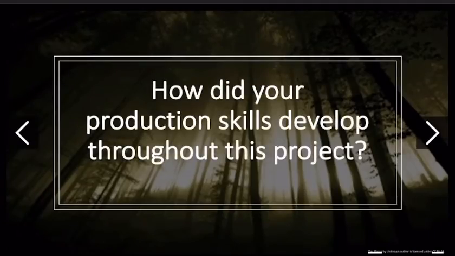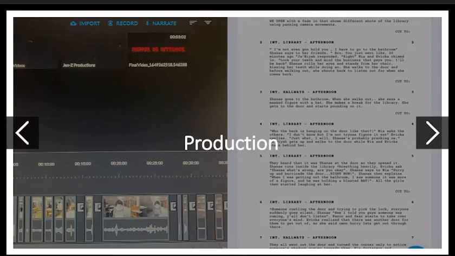How did your production skills develop throughout this project? We finished our first film after shooting for the first time, but after revising the end result, we realized that it seemed rushed because it looked like we just added a bunch of shots together instead of taking our time to edit. Our film was not conveying the message we wanted it to, so we had to refilm with advice from our teacher, Miss Landis.